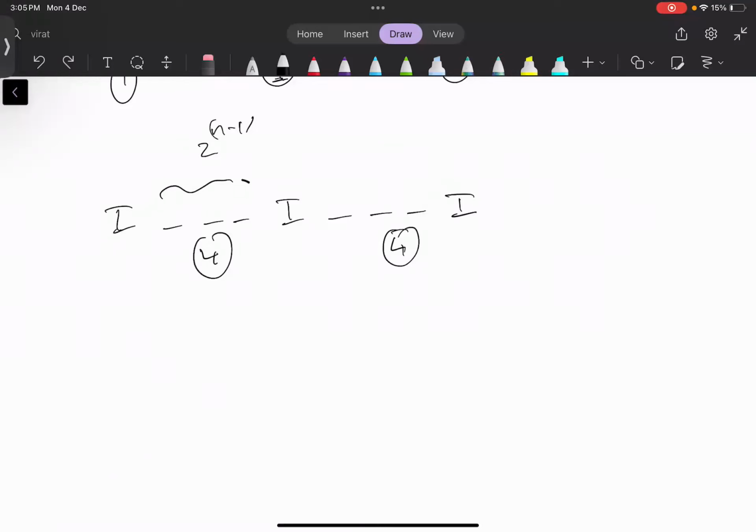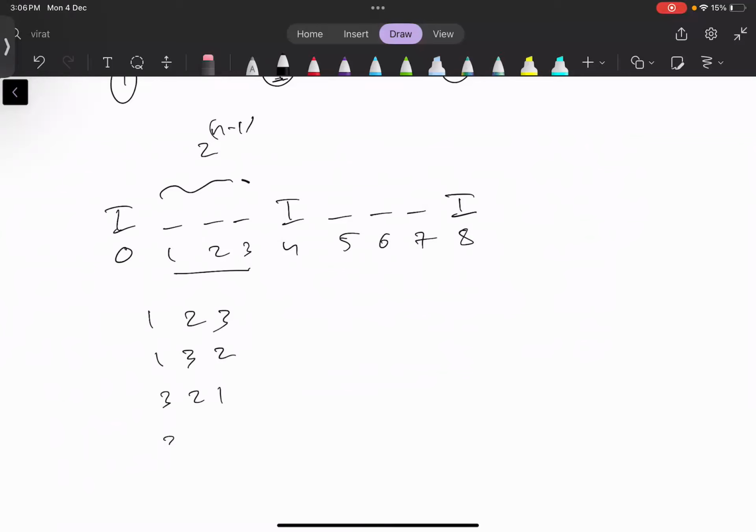Let's do one thing. We'll write the index values 0, 1, 2, 3, 4, 5, 6, 7, 8. Now for the first 3, the cases are 1, 2, 3; 1, 3, 2; 3, 2, 1; and 3, 1, 2.